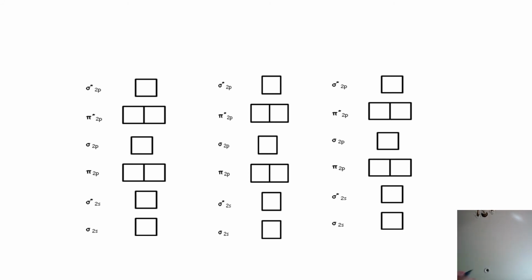Next, we're going to look at B2, so diatomic boron. Boron has 3 electrons, so each boron atom has 3, so we have a total of 6 electrons to distribute.